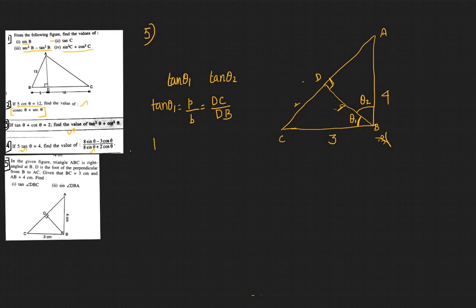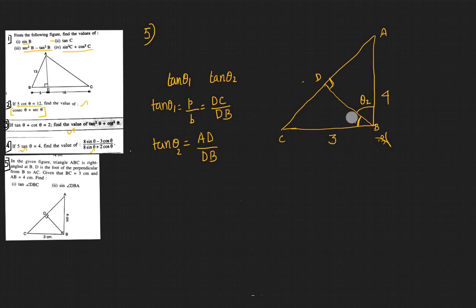And similarly, tan theta 2 would be, the perpendicular would be AD by base DB. Now when you look at this, it looks very difficult and impossible to find out because we don't know any of these values. But the trick is in trying to decode the angle.